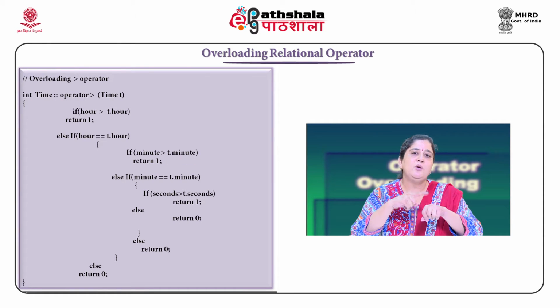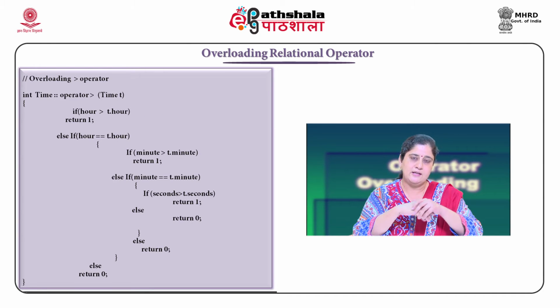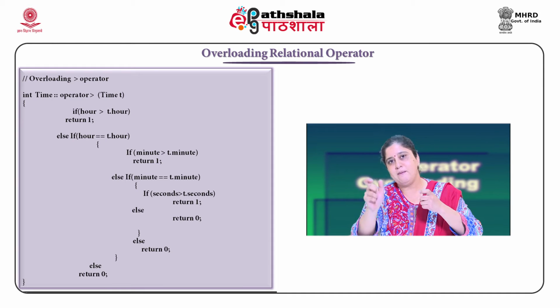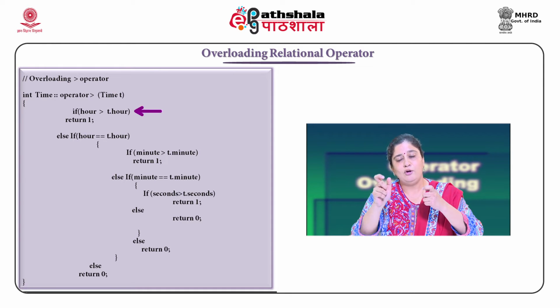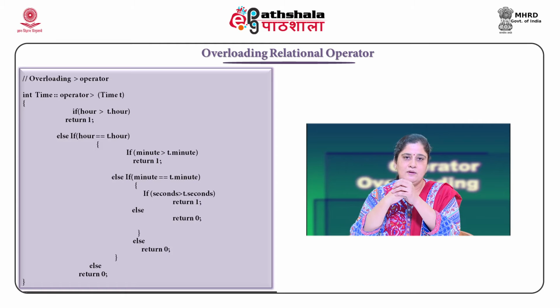So, this function will return 1 if the first time object happens to be larger than the second one, and will return 0 if it is not larger than the second object. So, the prototype of this function is integer, operator keyword followed by the greater than operator that we are trying to overload, and a time object.